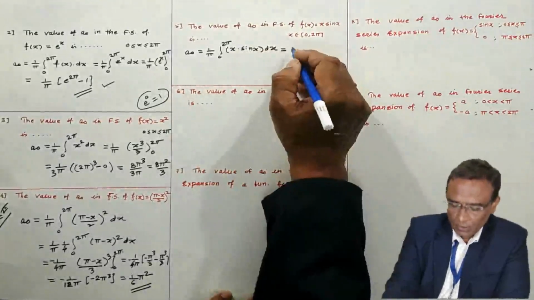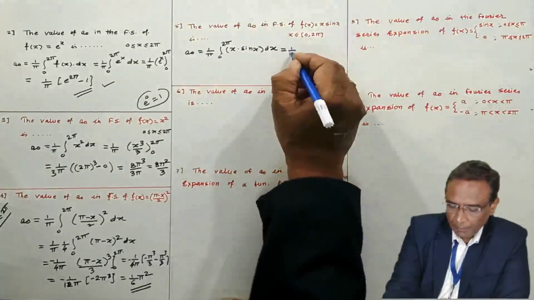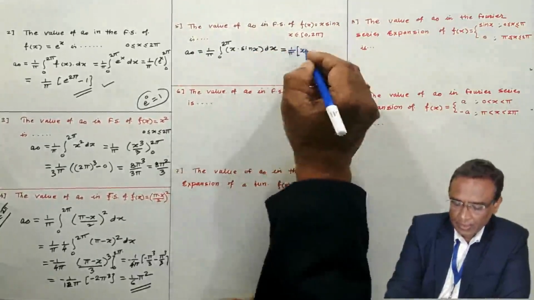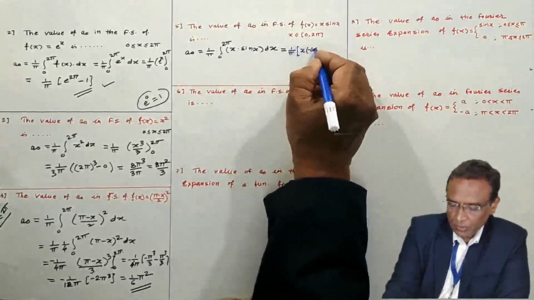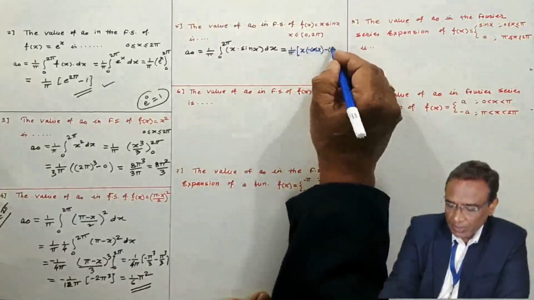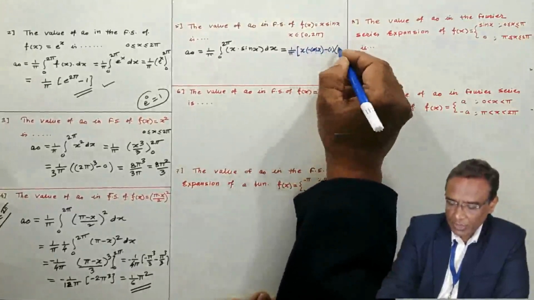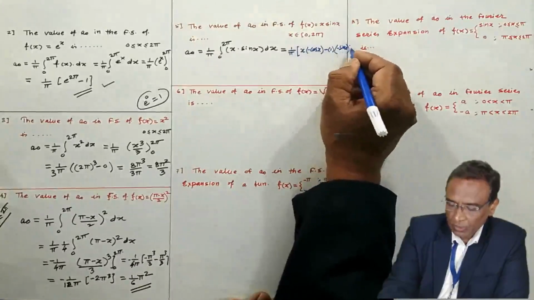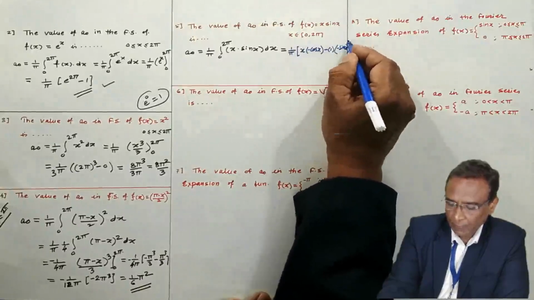Therefore, now 1 by pi, first function, integral of sin is minus cos, minus derivative of x is 1. Generalized integration by parts I am using. Integration of minus cos is minus sin x for the limit 0 to 2 pi.